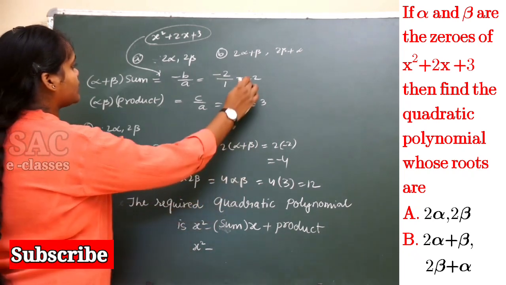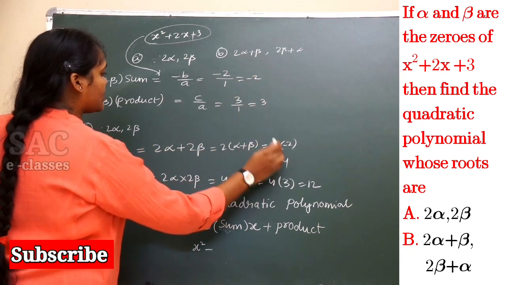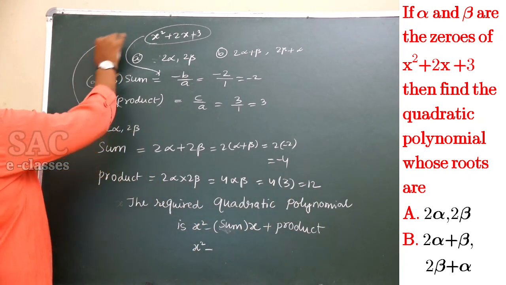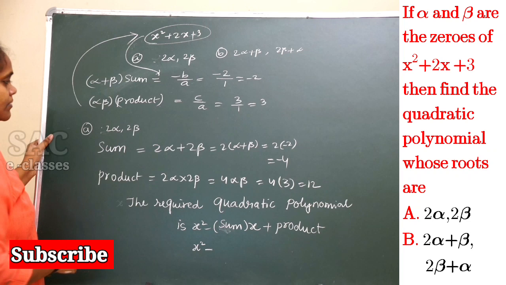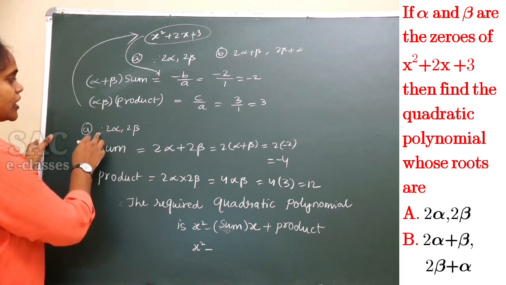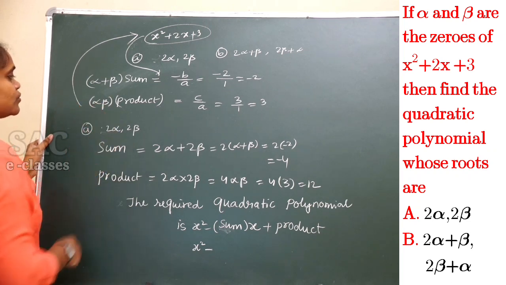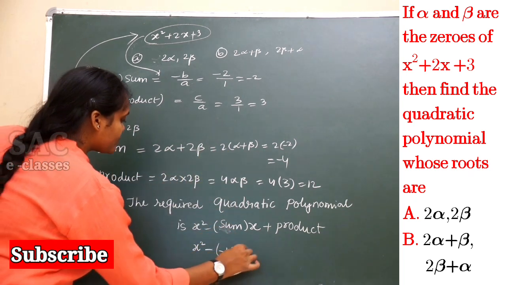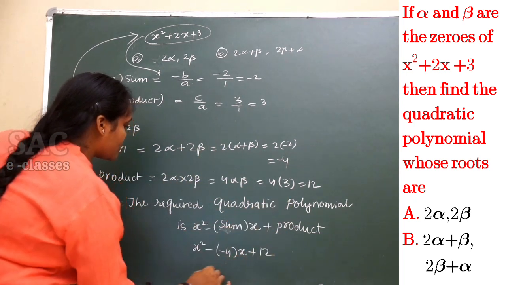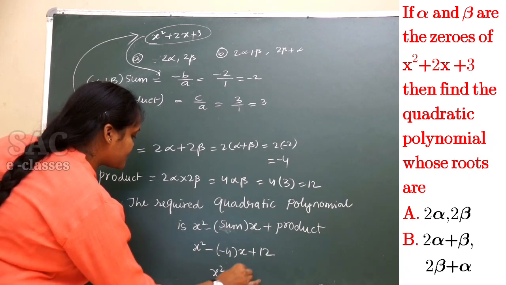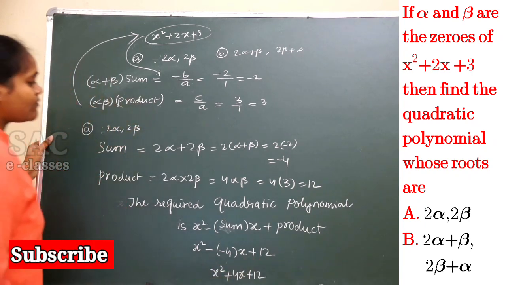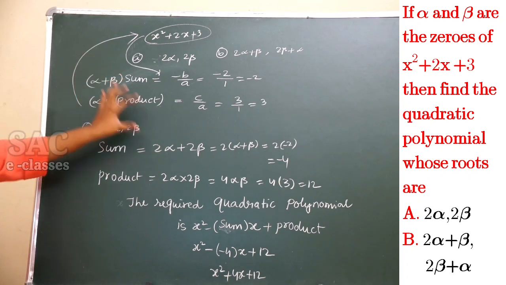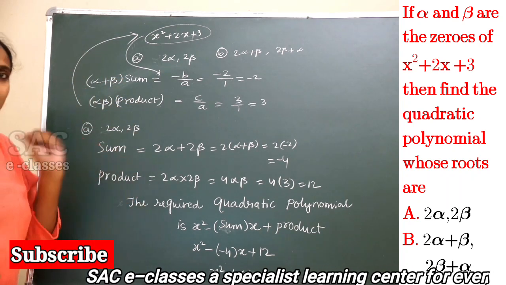What is the sum of the zeros? Will you take minus 2 and 3 or minus 4 and 12? These are the sum and product of this particular polynomial. But we want the polynomial whose roots are 2 alpha, 2 beta. Then the sum of such roots is minus 4. Product of such roots is 12. So x square plus 4x plus 12 is the required quadratic polynomial whose roots are 2 alpha and 2 beta. In this way we have to do.